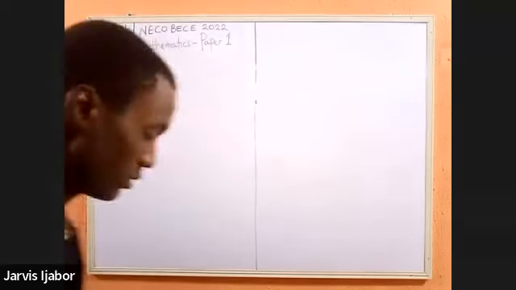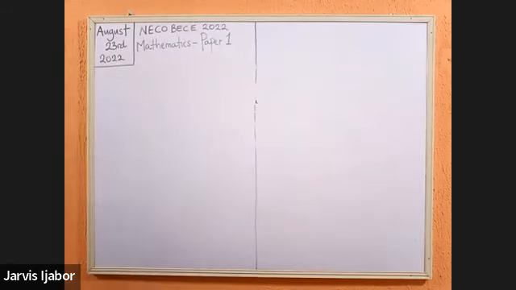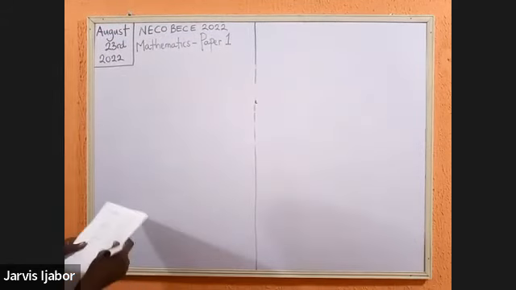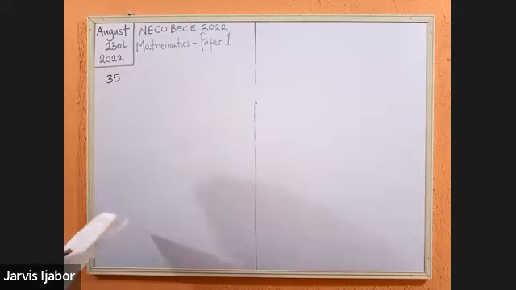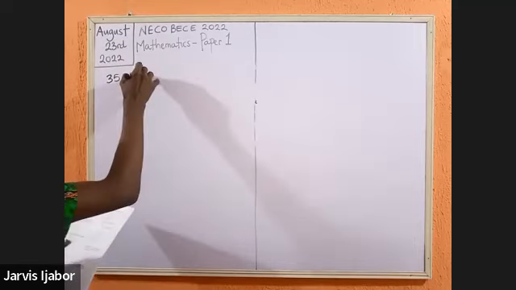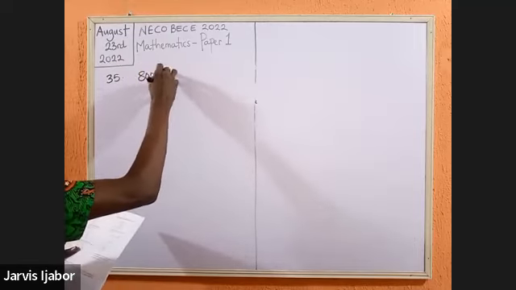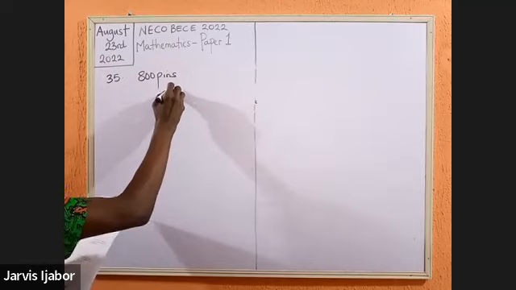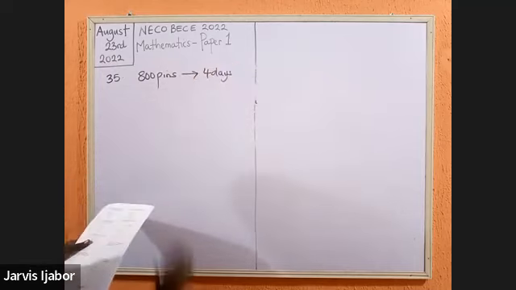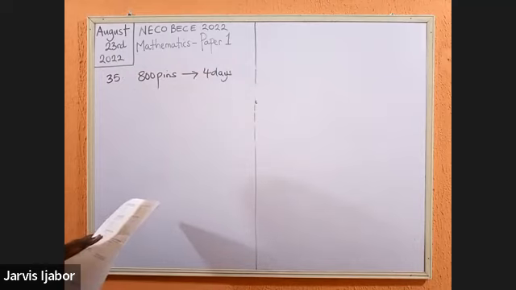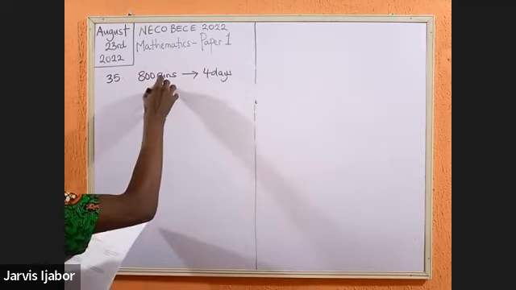So we'll go to question 35. A machine produces 800 pins in 4 days. How many pins will it produce in 12 days?